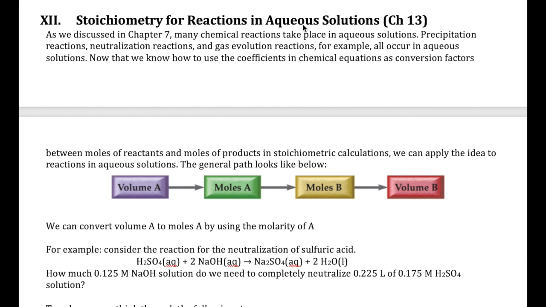Now we're going to talk specifically about aqueous solutions, and the new concept we learn here is molarity. Once we have molarity, or molar concentration, we can also convert from volume to number of moles using the molarity of that species. And that's just based on the definition of molarity, which is number of moles over volume.